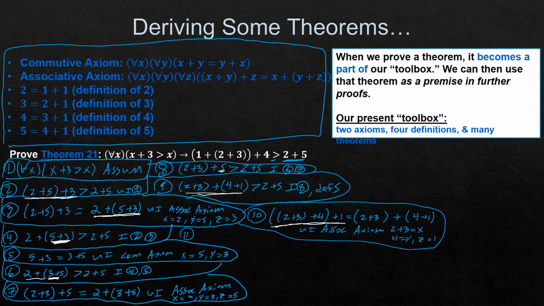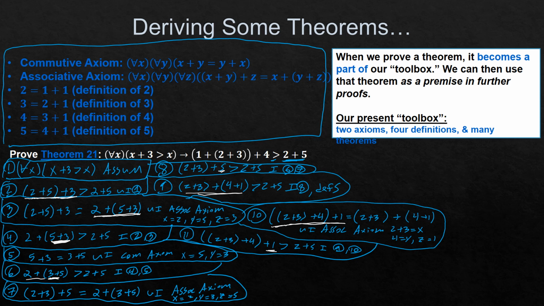So we have, let's see, parentheses, 2 plus 3, close parentheses, plus 4, close parentheses, plus 1 is greater than 2 plus 5, because we have the identity rule with lines 9 and 10. Now we are getting closer. We have this plus 1, but we want the plus 1 in the front, so we're going to have to resort to the commutative axiom.